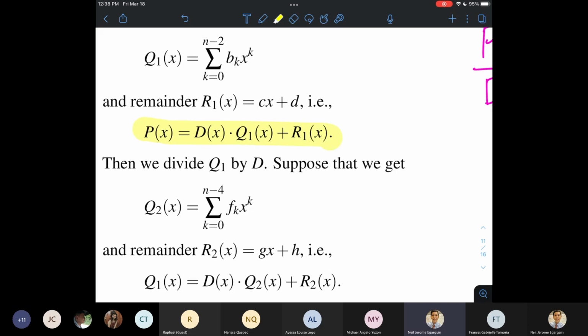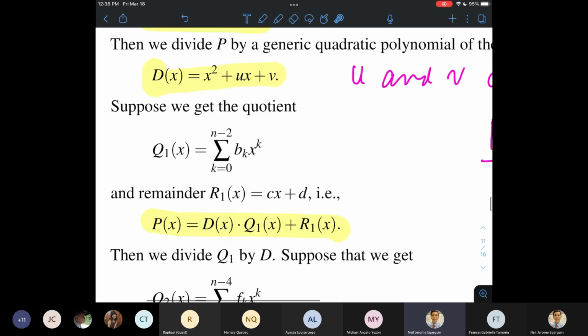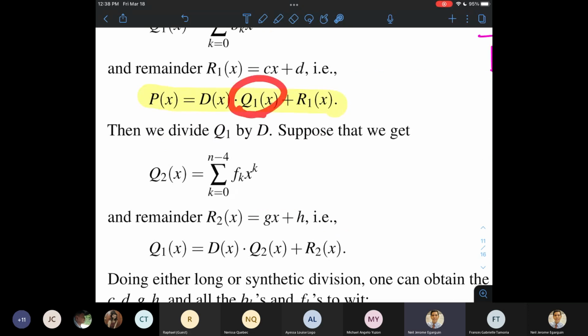Okay. Now, kailangan ko pa siyang i-divide ng isa pang beses by d. So yung deflated polynomial q1, okay, actually, hindi ako sure na na-deflate pala siya kasi yung remainder hindi ko alam kung close to 0. Because we don't know if really this guy is a good quadratic or is close to a quadratic factor already. Okay? So ang gagawin ko, yung quotient Q1, i-divide ko uli siya by D. Tapos suppose after doing the division, I get the quotient Q2, which would be of degree n minus 4.